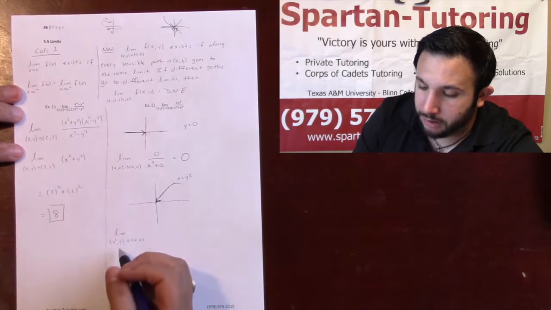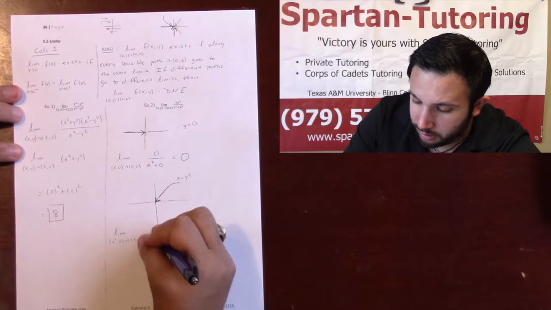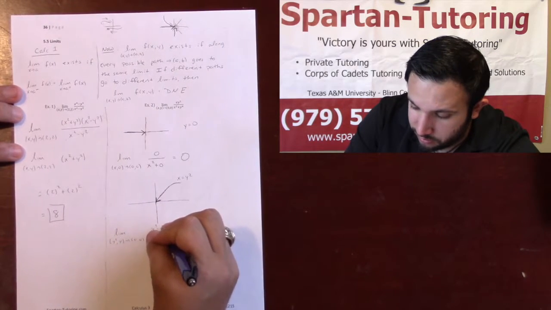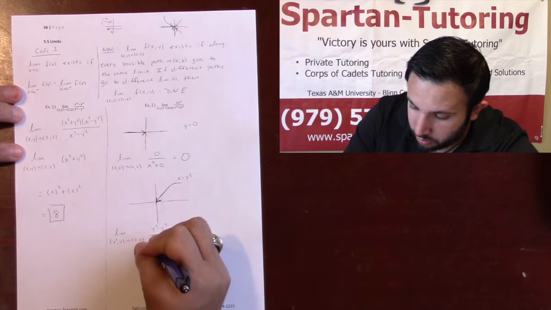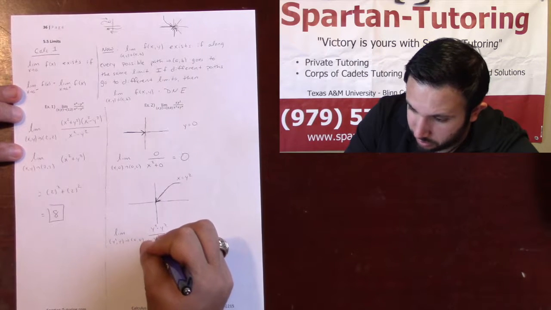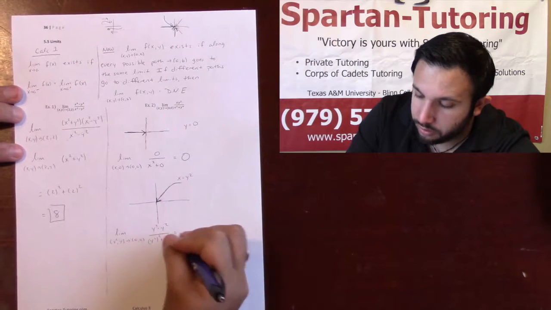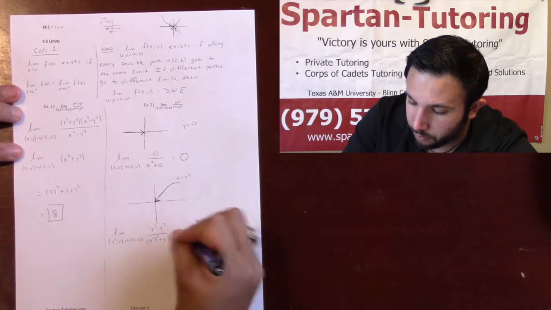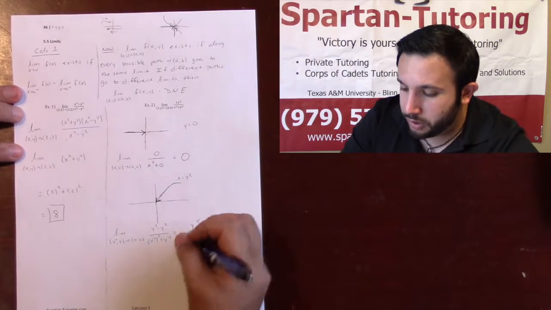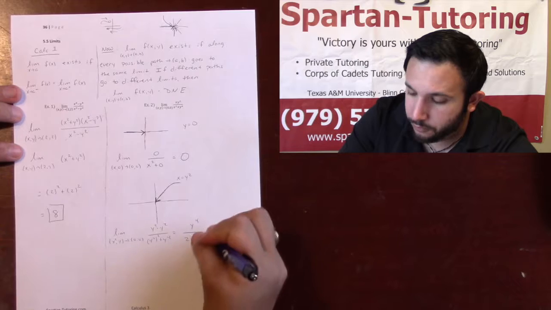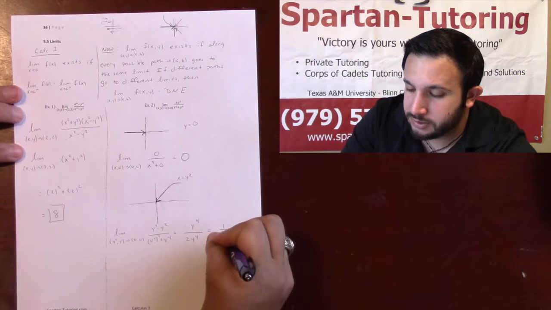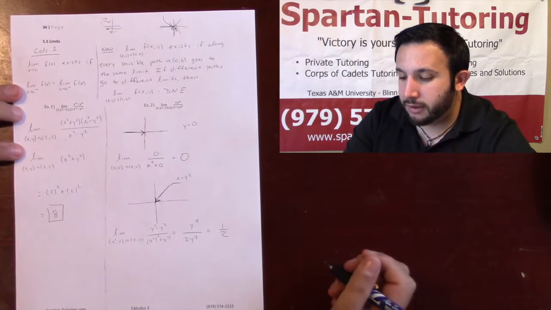Replacing every x with y squared, I have y squared times y squared over (y squared) squared plus y to the 4th. On top, you get y to the 4th. On bottom, y to the 4th plus y to the 4th is 2y to the 4th. And when that simplifies, that comes out to 1/2.